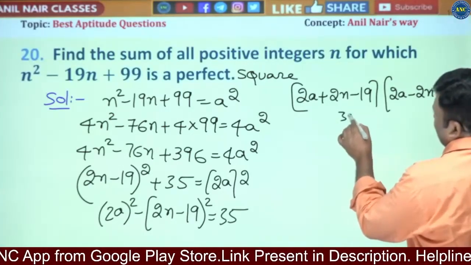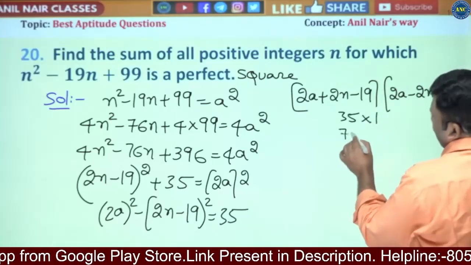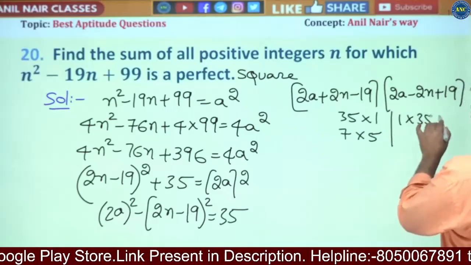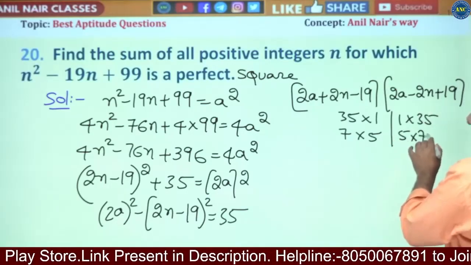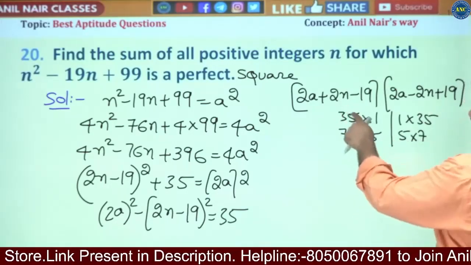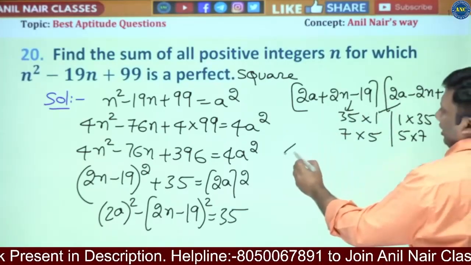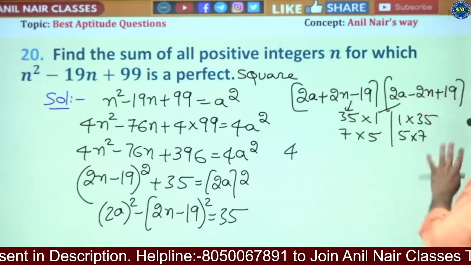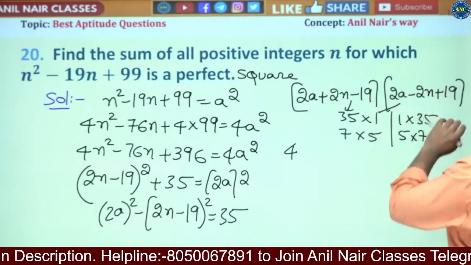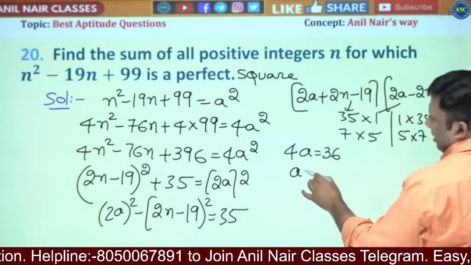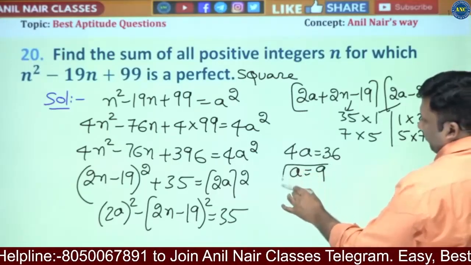35 can be written as 35 into 1, 7 into 5, 1 into 35, 5 into 7. So if I take these as 35 and these as 1, adding, 2n minus 2n cancel, minus 19 plus 19 cancel, 4a equivalent to 36, a equivalent to 9.